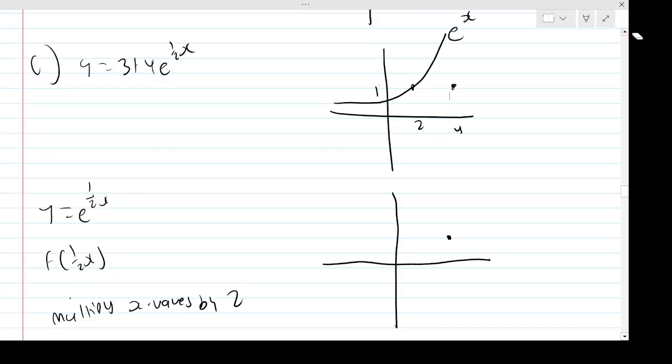And then let's take another point here. Let's say that's 3. That would move to 6. So that'd be all the way over there. Okay. And then it's still going to pass through the y-intercept there at 0, 1. So actually, if you start to visualize the graph we're going to get there, it's going to be less steep, right? It's going to look a bit like this.